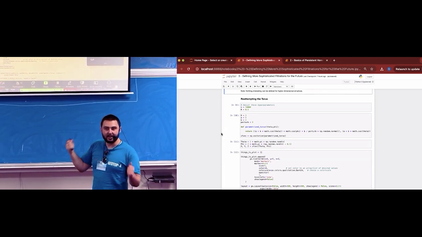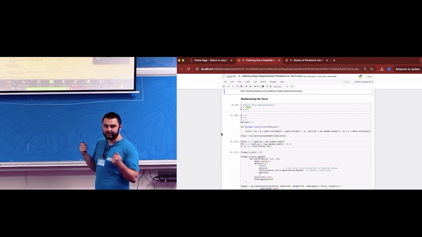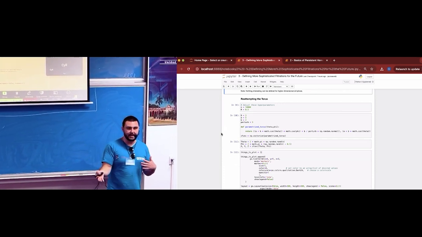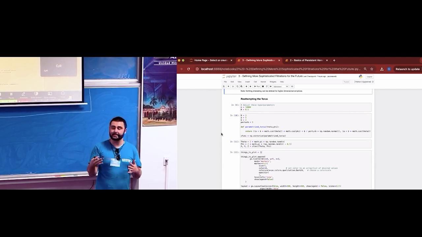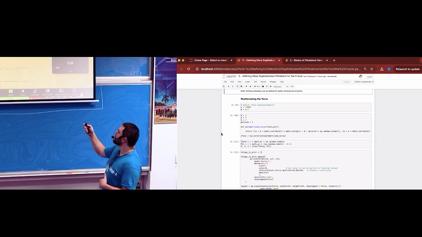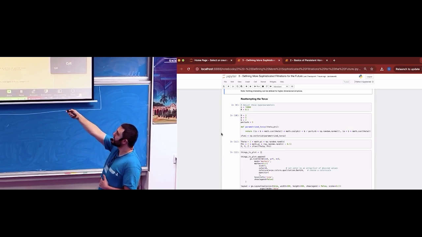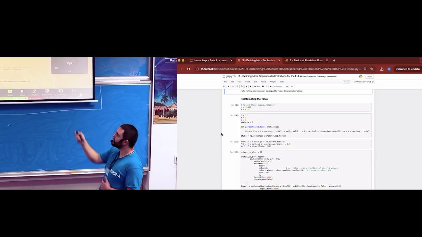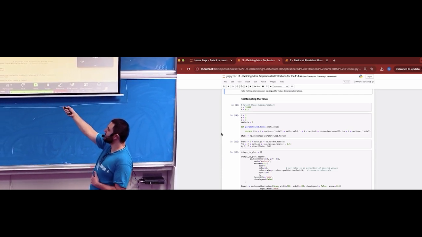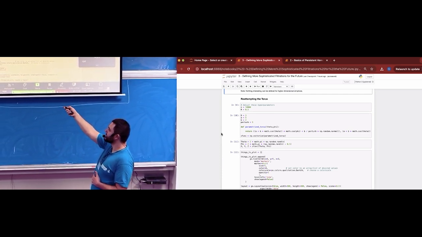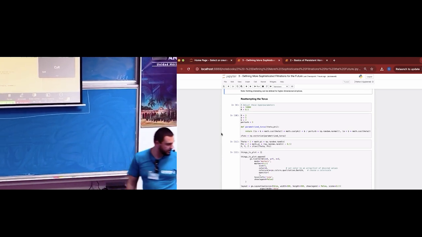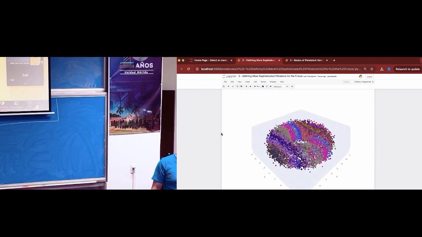Alpha complexes are incredibly strong and very fast, especially when they're in 2 and 3 dimensions. There's a fast algorithm that solves them that doesn't work when you get into higher dimension. Unfortunately, it gets very slow. So start off with 10,000 points in dimension 3, so that's d equals 3. And I have a torus where the lower radius is 2 and the higher radius is 5. Then I calculate all of its random points, and I get something that looks like this.